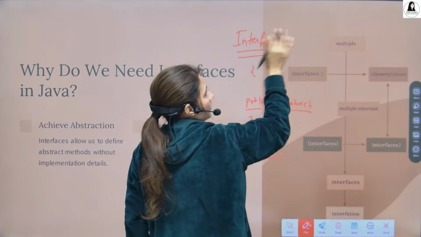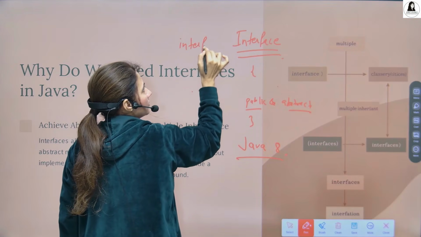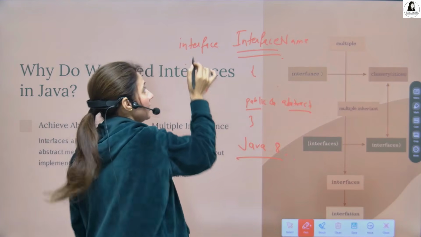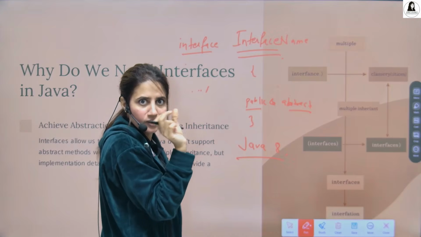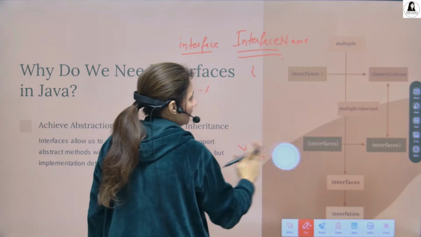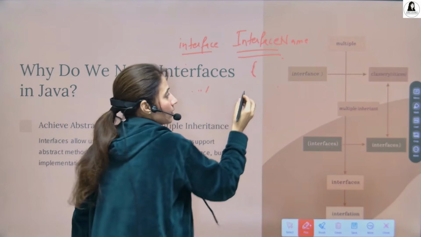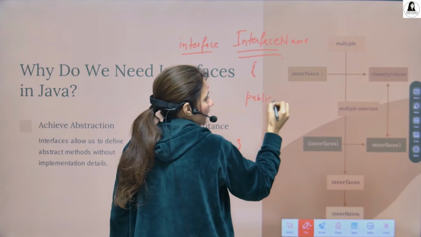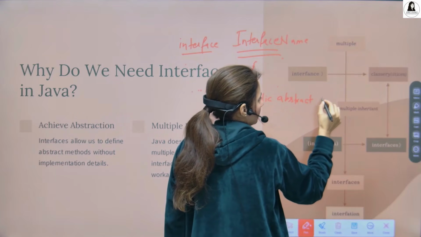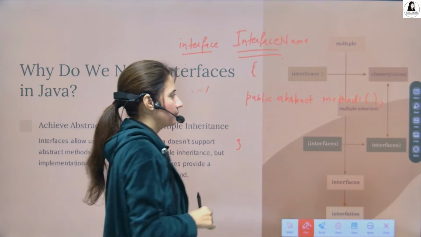Suppose you are defining an interface. The keyword is interface, not class, because we are defining an interface. Then the interface name, whatever name you want. Now, in the body of this interface, before Java 8, till Java 7, we have only public abstract methods, like public abstract method1, any name you can take, with a semicolon.